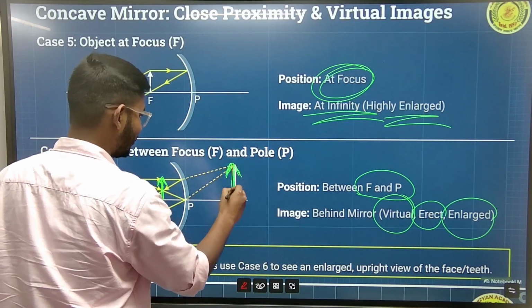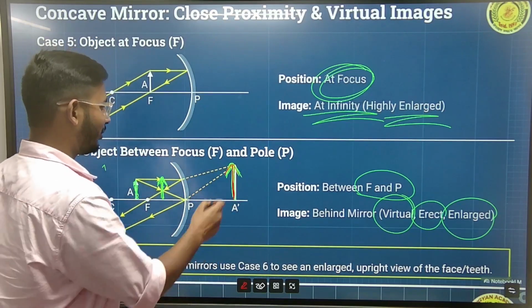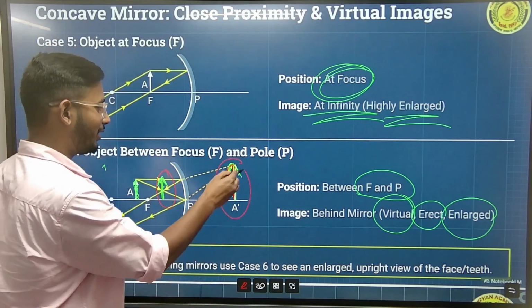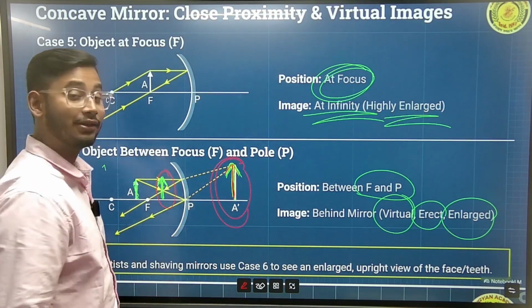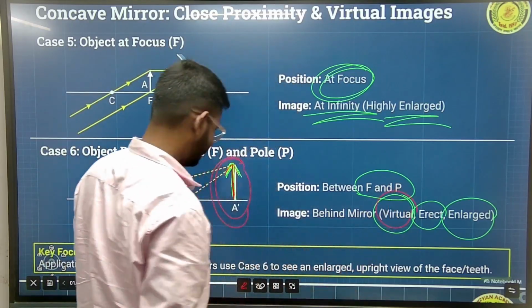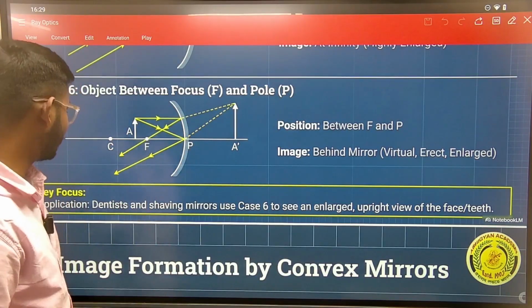This is the image, this is the object. The image is larger than the object, and since the image is formed inside the mirror, it is virtual. These are some applications.